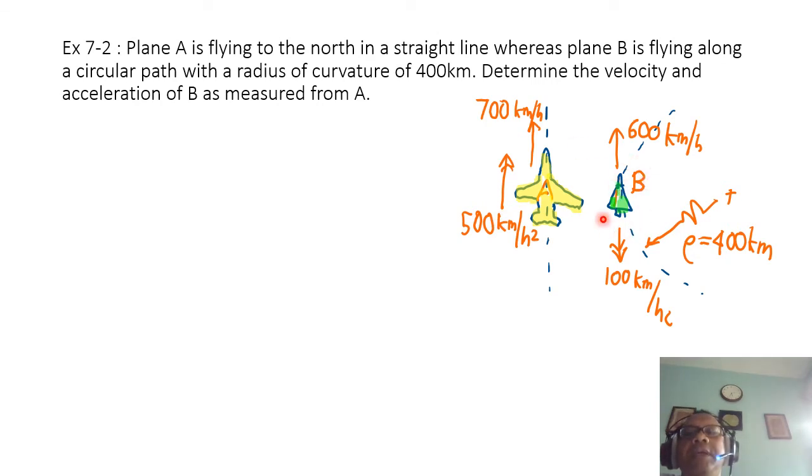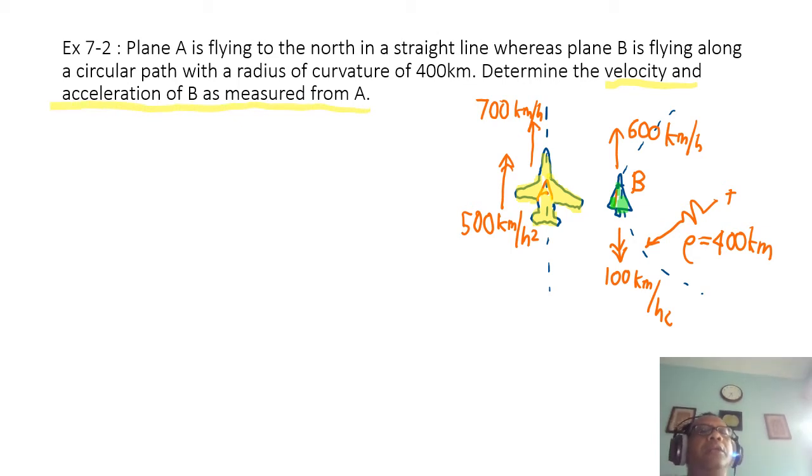And then plane B is moving at 600 km per hour and reducing speed at 100 km per hour squared. And the radius of curvature for the path of B is 400 km. The question is asking to determine the velocity and acceleration of B measured from A.